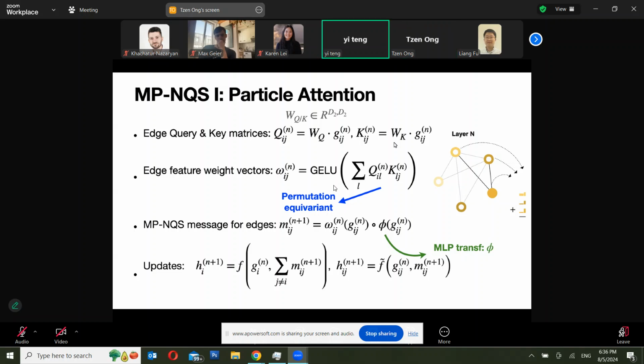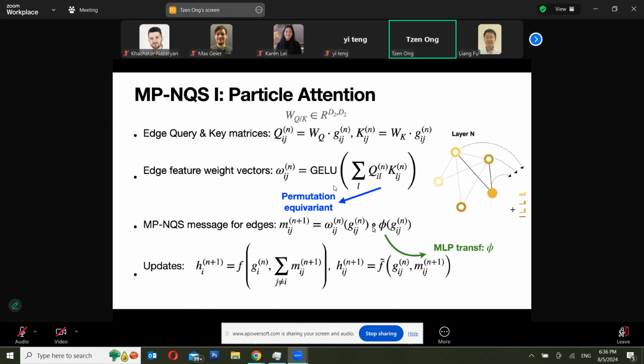Okay, so omega ij. To be technical, the message is constructed by omega ij, which is a bunch of feature vectors.